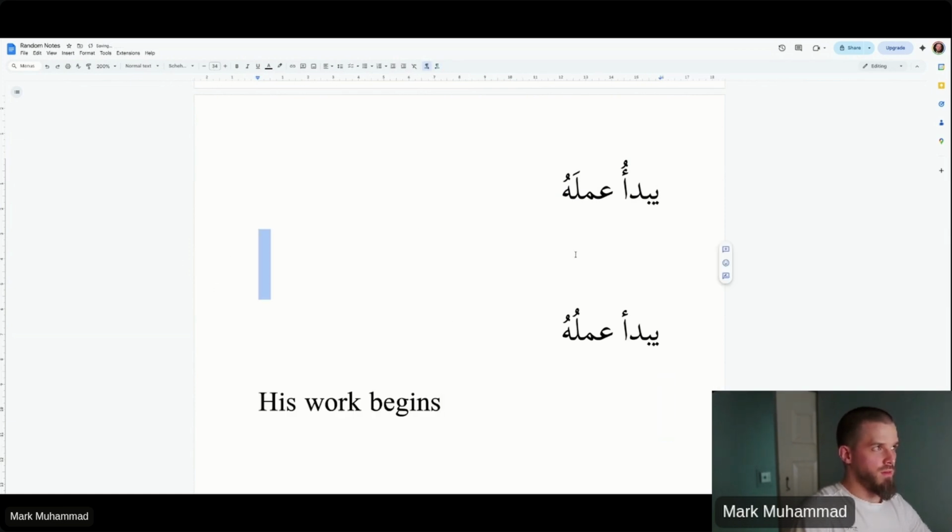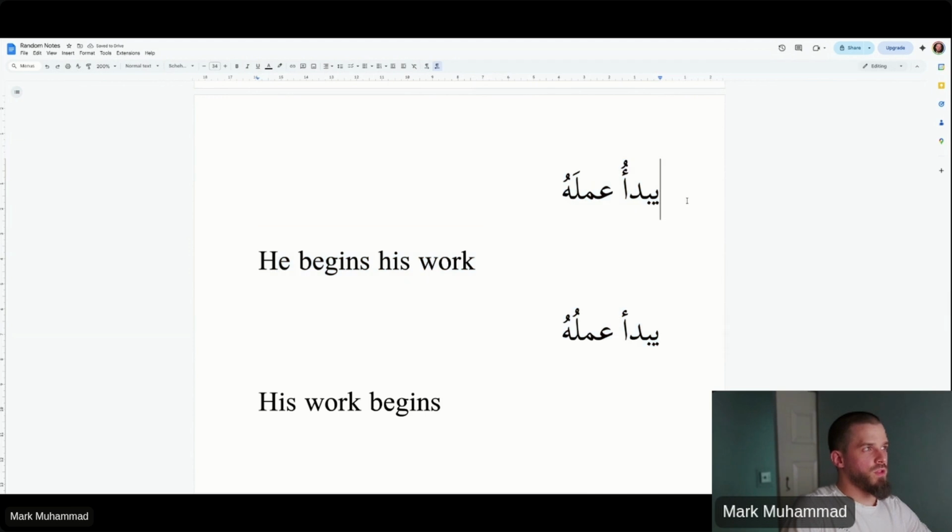So this is his work begins. And this one is he begins his work. Right? I can figure out how to write it. He begins what? Does that make sense? So in this one, this is the verb, and there is no doer. We assume it means him because it's not written, yeah?